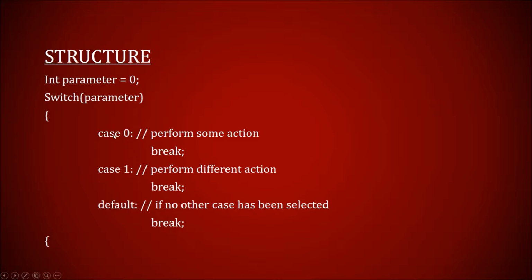So at the very end of each case, you want to put a break, and that just lets it know don't continue into the next line of code here, just jump out of the switch statement as a whole. So you have case 0 here, case 1, so that's if it's a 0 or 1, and then for any other value it can go to what's called default. Default just takes any other case that's not listed above and does something to it.